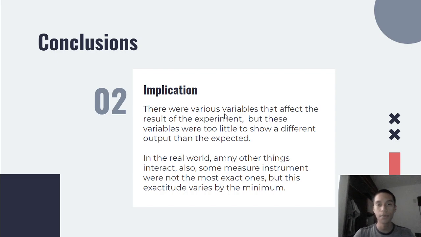Like I used a timer, so there was a latency of reaction time in starting and stopping the timer. But these changes were minimal. The exactitude of the output varies by the minimum, so we have a very good general overview of how the coefficient of friction really interacts in the real world.